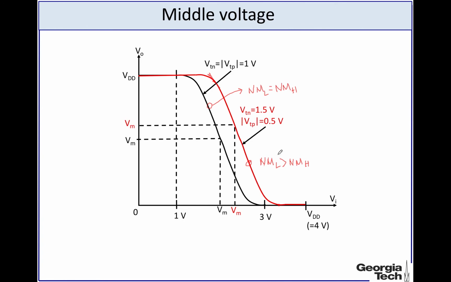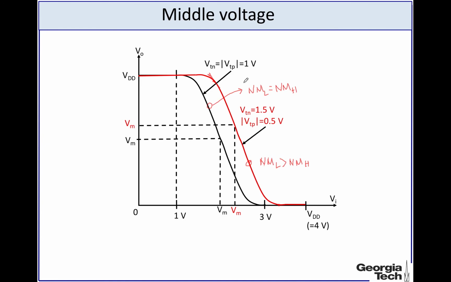You would by all means want to have a symmetric curve, because if your noise margin low is larger, although it can sustain a higher noise when the input is supposed to be logic level 0, it can sustain a much smaller noise when the input is supposed to be logic level 1.